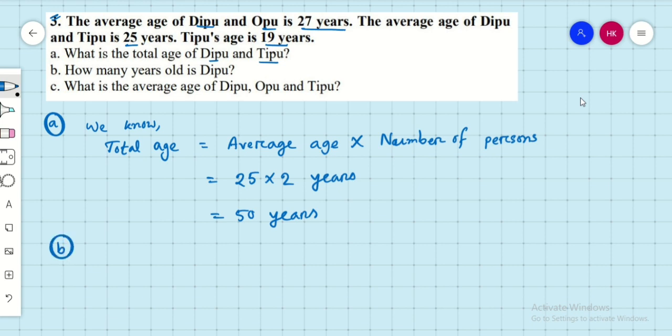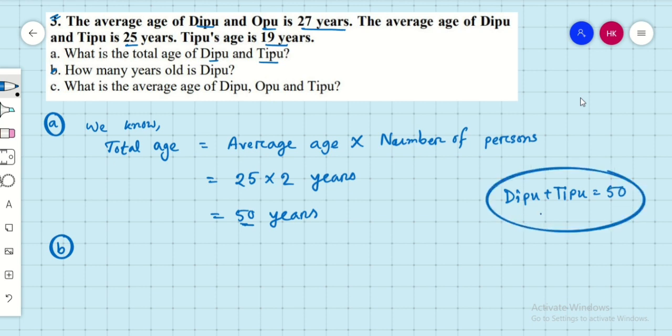Now question number B, how many years old is Deepu? Here this total age 50 years is Deepu plus Tipu. Deepu plus Tipu actually 50 years, and Tipu, in the question already asked, Tipu is 19 years old. So what is the age of Deepu? So we can write here total age of Deepu and Tipu is equal to 50 years.